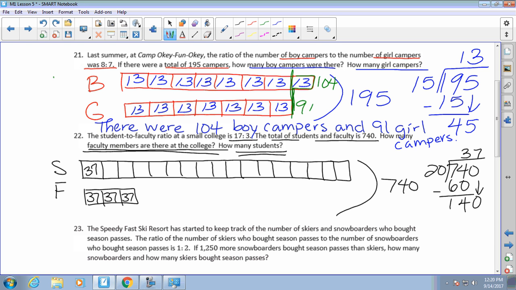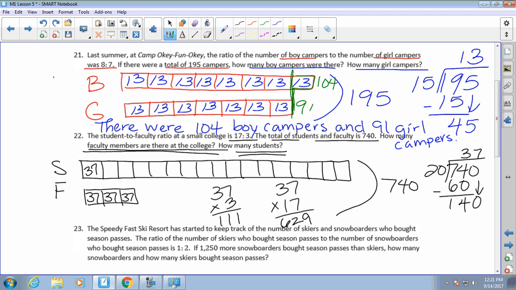So when you do that multiplication, 37 times 3 is 111, and 37 times 17 is 629.